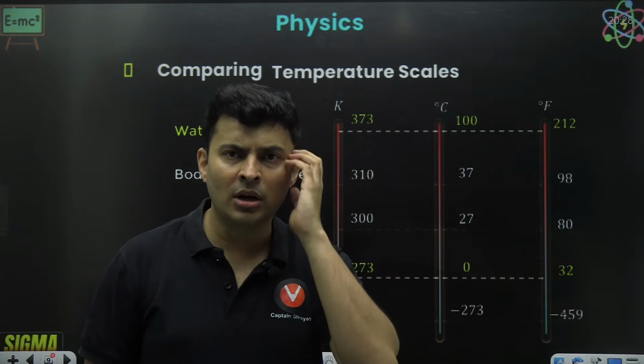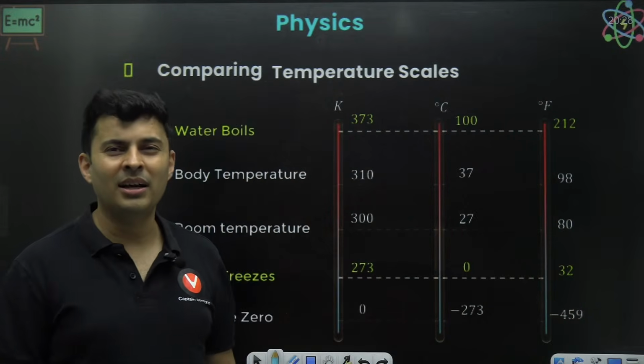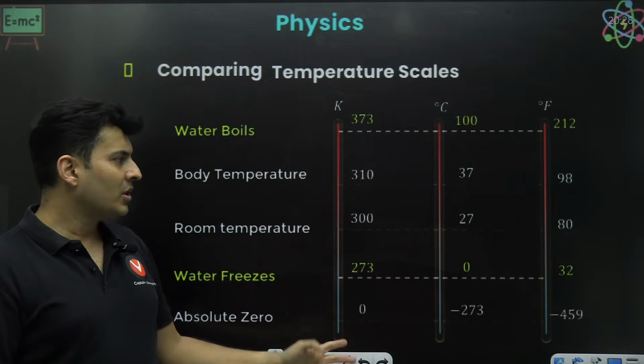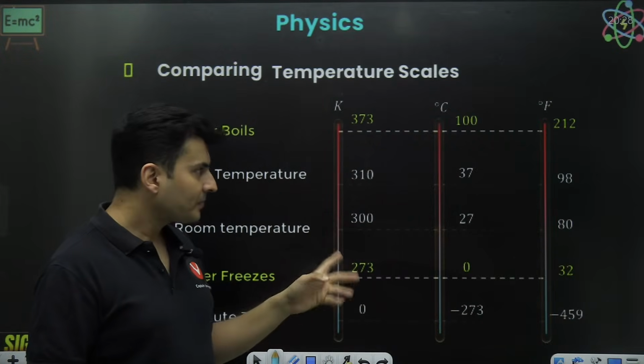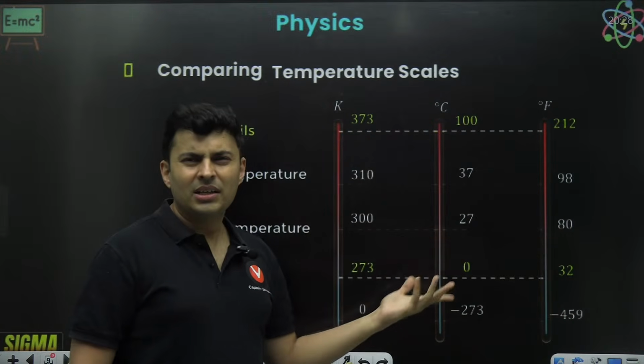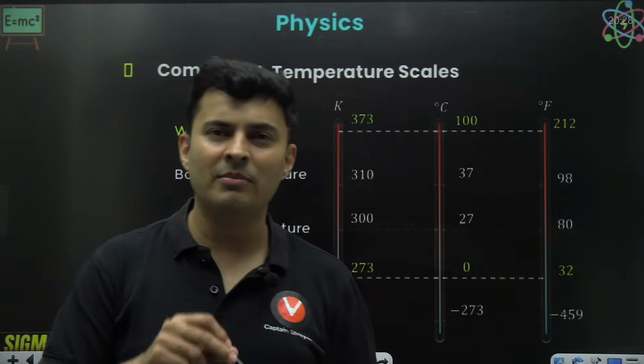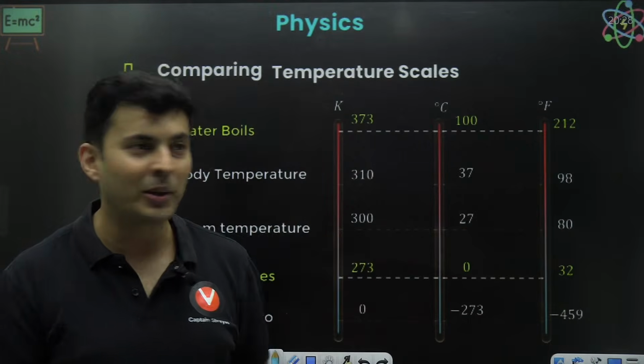And you will be scratching your head. What? Beyond 100? That means you're boiling up? No, no, they're talking about 100 Fahrenheit. We do not generally use Fahrenheit scales unless you are a medical student where you measure the body temperature in Fahrenheit. Now, that is again historical reason.